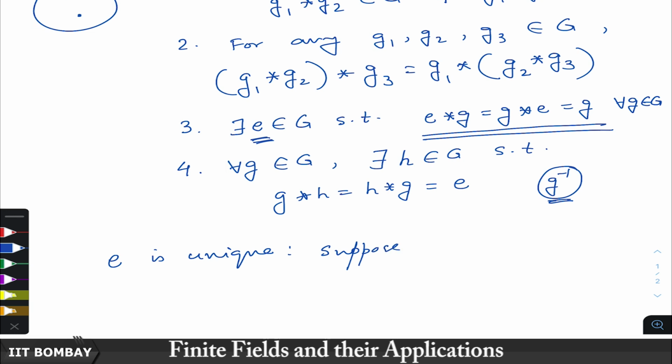Suppose there are E1 and E2 in G satisfying the same property. Then what we know is E1 star G is the same as E2 star G, and also this holds.